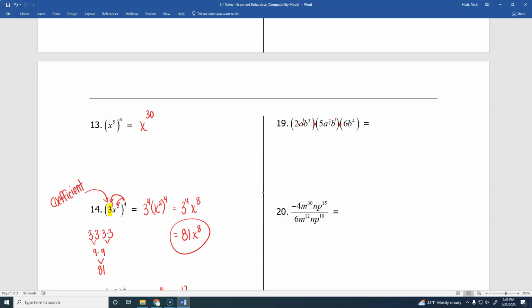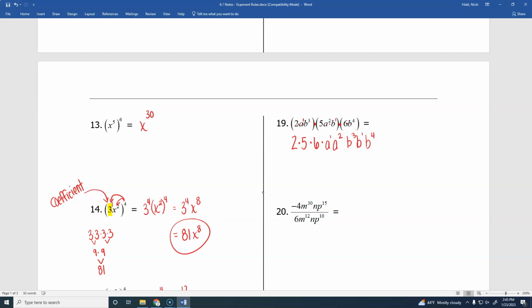So, I could reorder this if I wanted to because everything's multiplied together. I could write it like this. 2 times 5 times 6 times a to the first, a to the second, b to the third, b to the first, b to the fourth. Right?